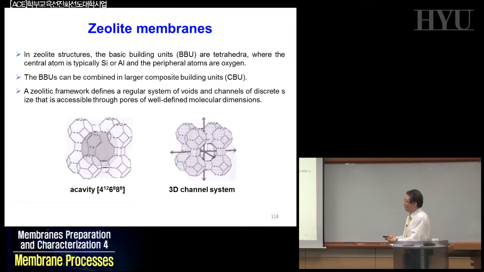And in many cases, you have a very ordered structure with three-dimensional channels.